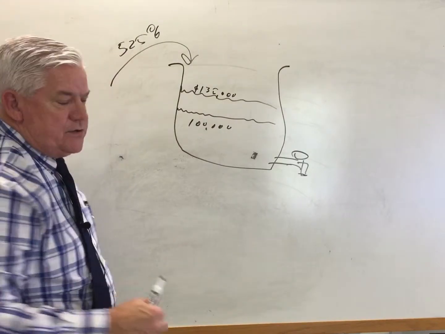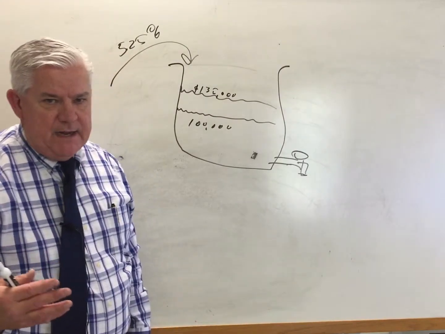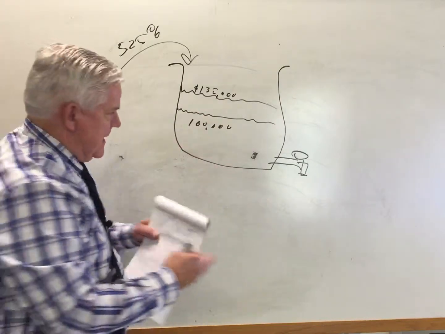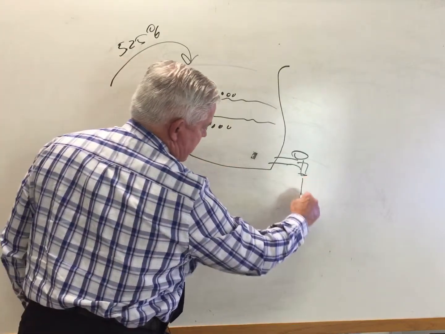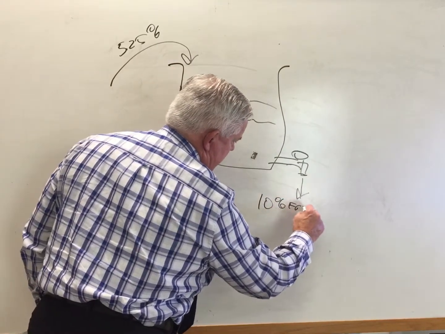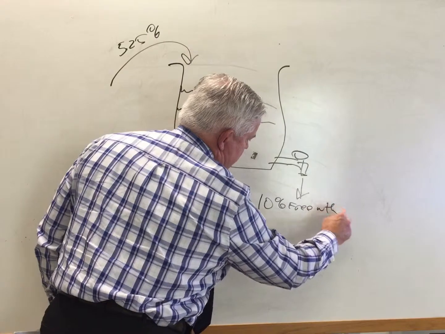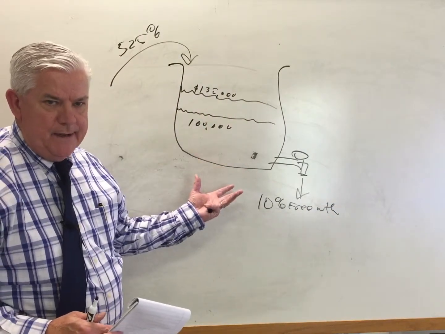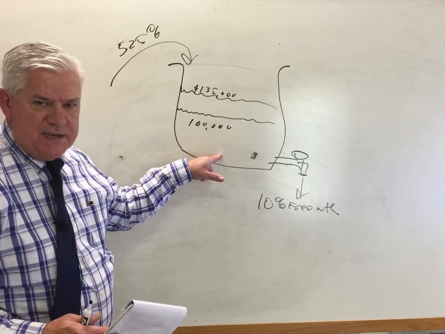There are two different ways you can take money out of this, but of course there are multiple ways on how you take that money. You can take money out of here. That's the 10% free withdrawal. When you're taking the 10%, it's coming out of the bottom of the bucket. So it's basically coming out of their principal.